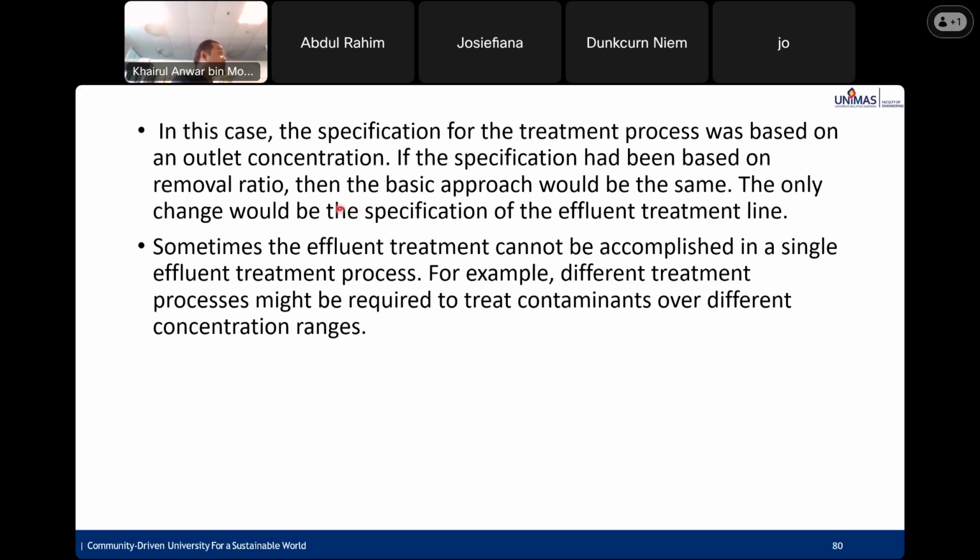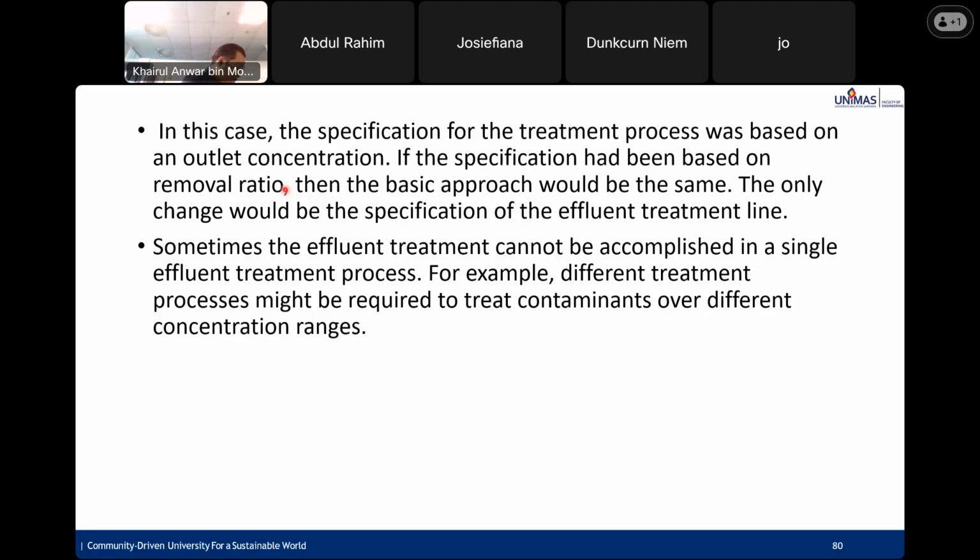In this case, the specification for the treatment process was based on an outlet concentration. If the specification had been based on the removal ratio, you still remember the last example. So for targeting the minimum wastewater treatment for a single contaminant, you have two methods: the fixed outlet concentration, or you specify the removal ratio.